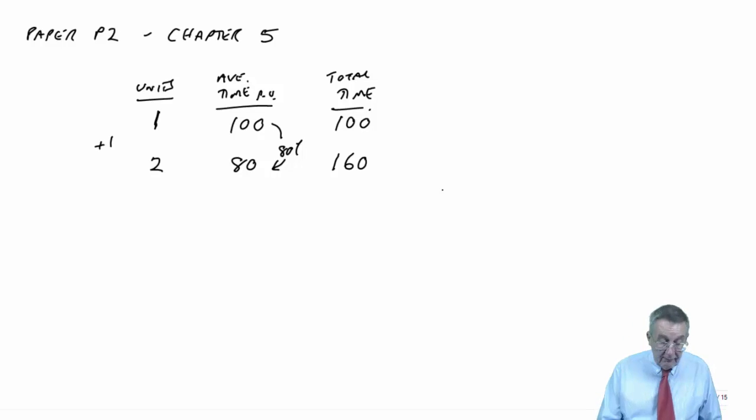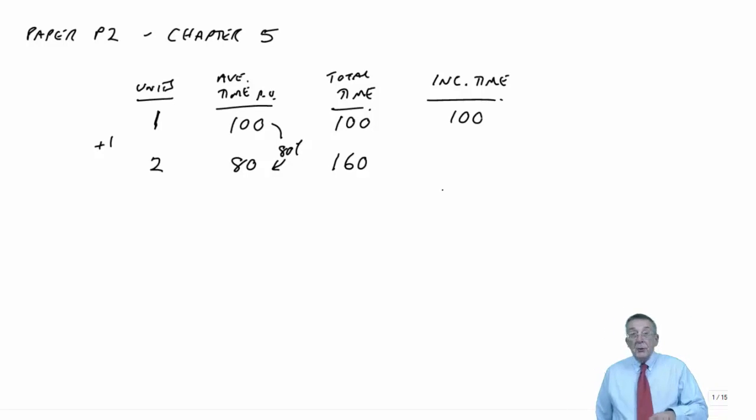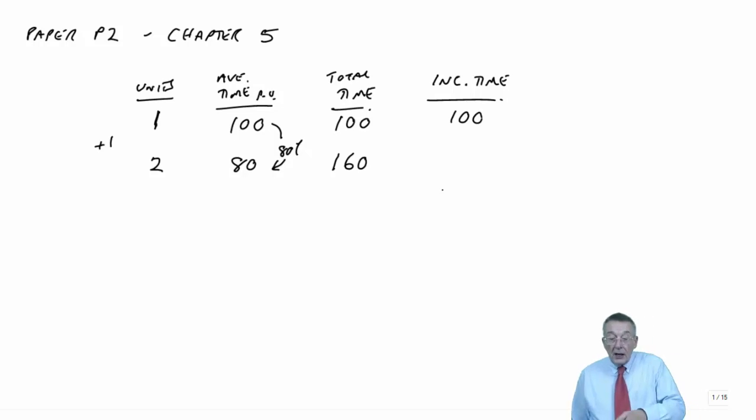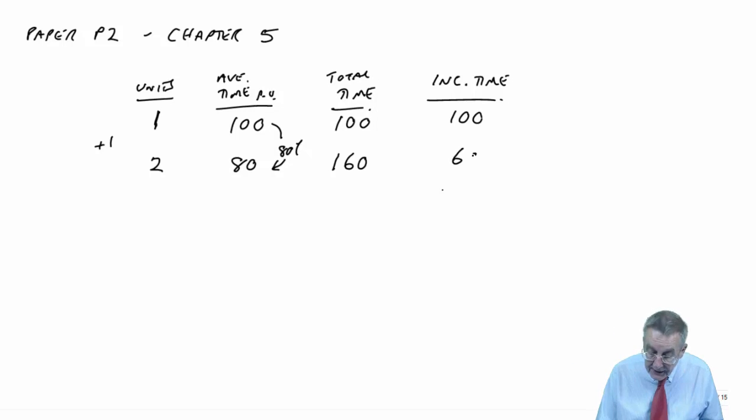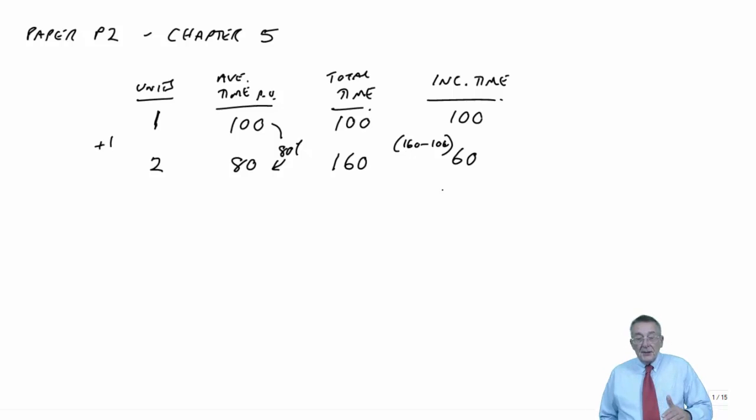And so, here it says incremental time, the extra time. The first unit obviously took us 100. If we make 2 units, then in total they'll take 160 hours. So, if the total goes to 160, the time for the second unit is the difference of 60. So we're going to carry on, but this learning rule doesn't give you directly the time for the second unit.